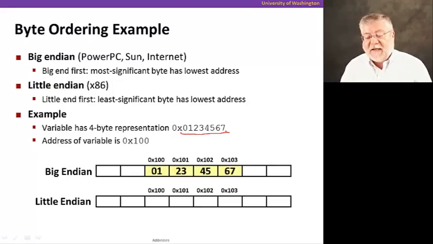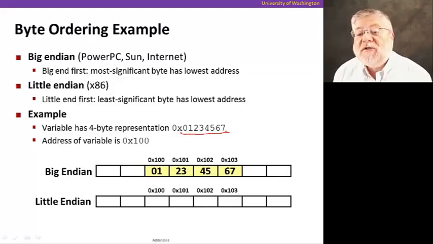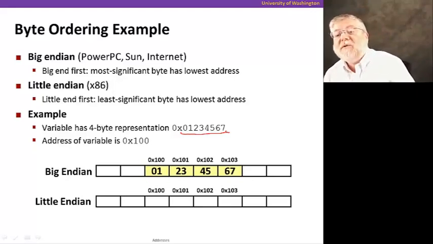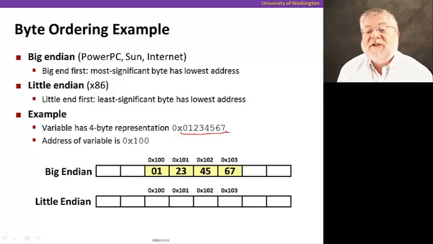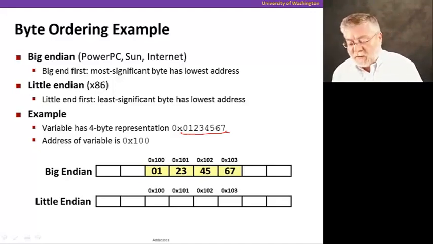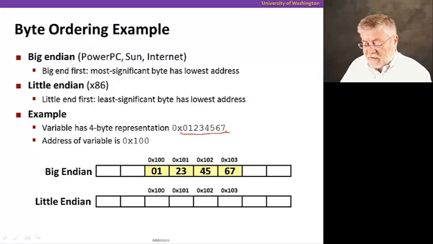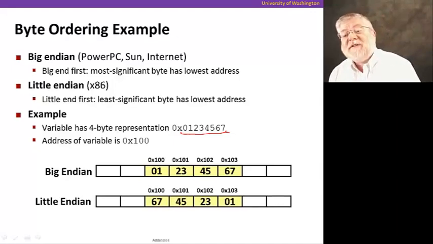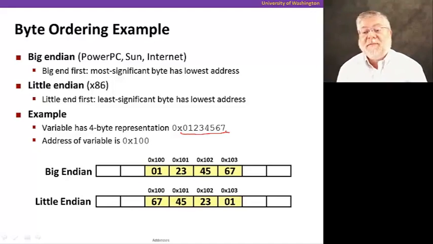The most significant byte, in other words the highest order digits, goes to the first byte. Then the next 2 digits go to the next byte, and so on until the lowest significant digits go in the last one at 103. In little endian notation, it's the opposite order. The lowest order digits come in first at address 100, and the highest order digits end up at 103.